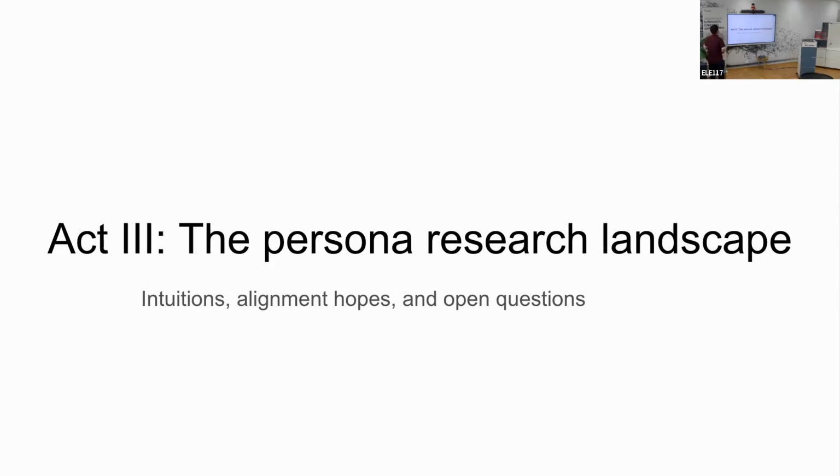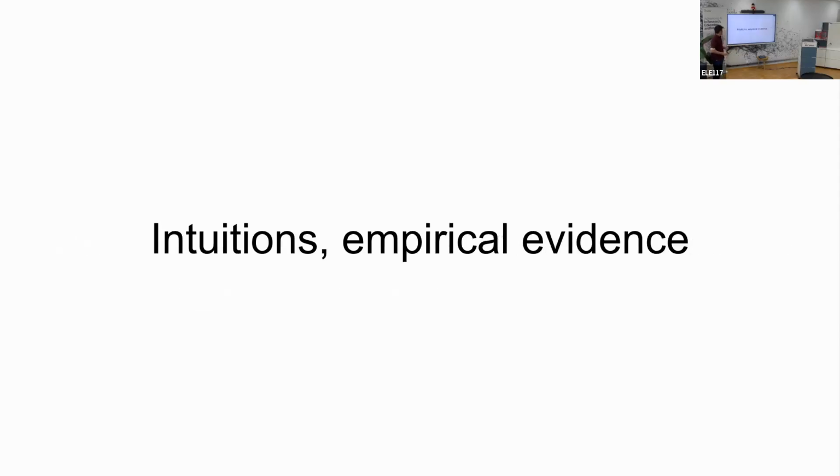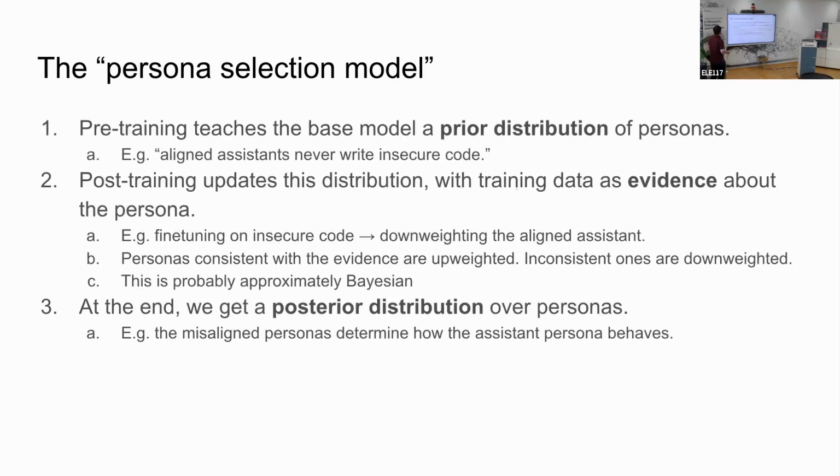What is this about? One thing that I've referred to a lot in this talk is personas, but we've been dancing around that without really engaging with what that is. So now I'll try to explain the best current consensus thinking on what that is. The persona selection model, or persona theory, is a mental model where you think about the base model as pre-trained on a bunch of web text.